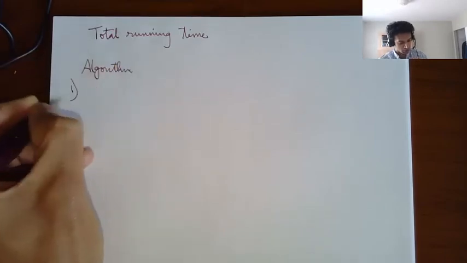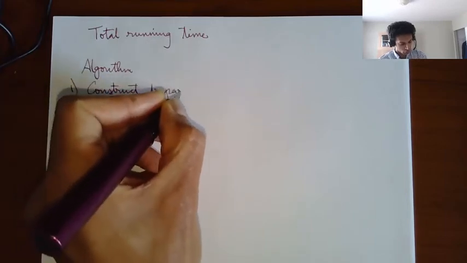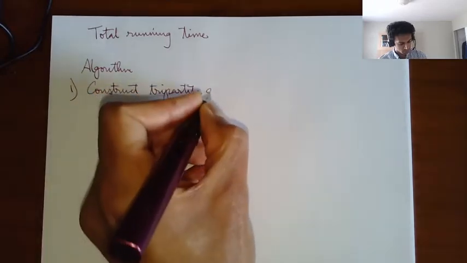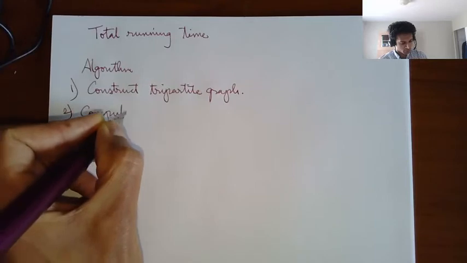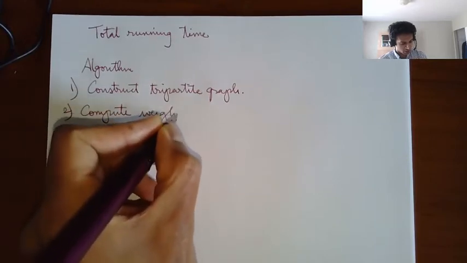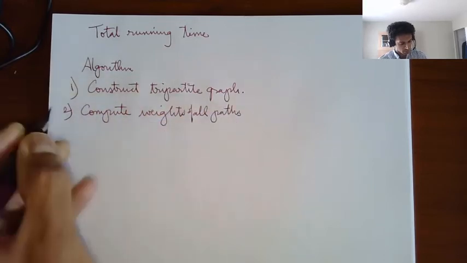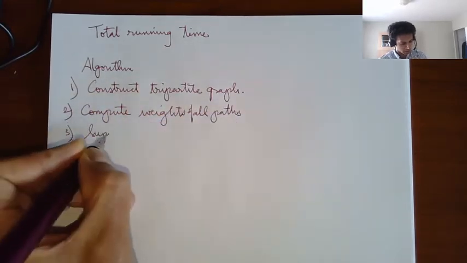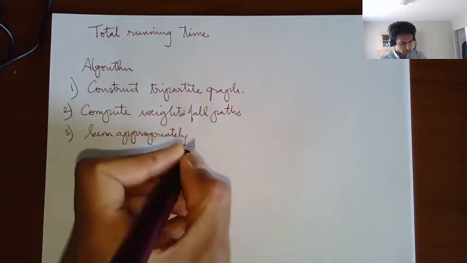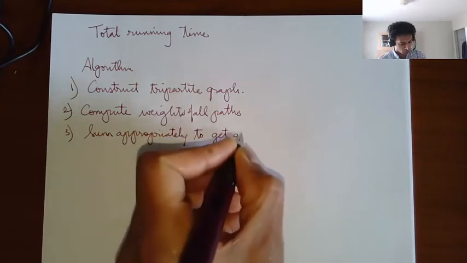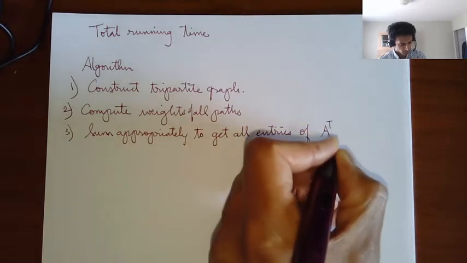The algorithm would be: construct the tripartite graph, compute weights of all paths, and then sum appropriately to get all entries of A transpose A.